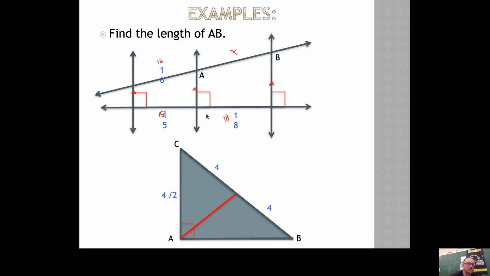A to B equals C to D. 16 to X needs to be the same thing as 15 to 18. We'll do this the quick way. We'll multiply 16 with 18 and then divide by 15.